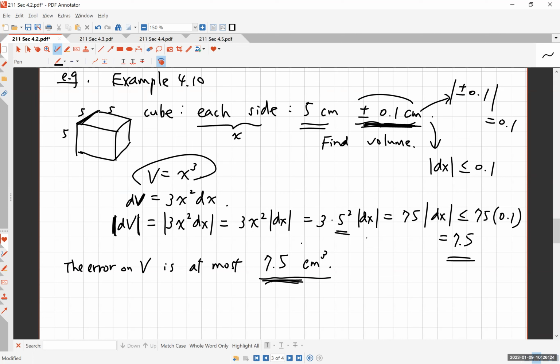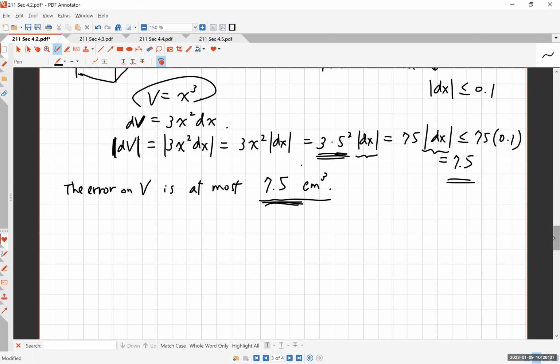So this part was given as at most 0.1, but because this number turns out to be pretty large, the error estimate is also a little large. So this is called an approximate error estimate. I guess I should say error estimate. Sometimes it's called an absolute error estimate.